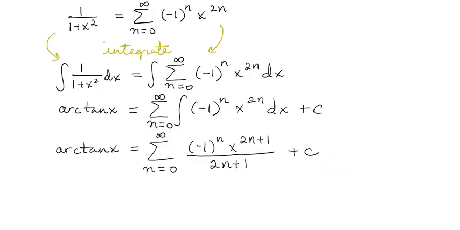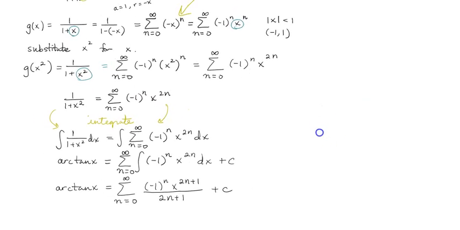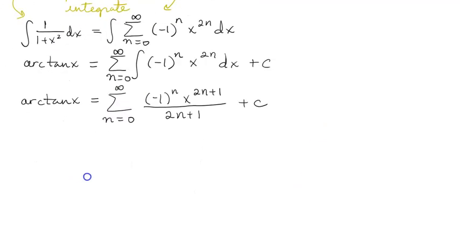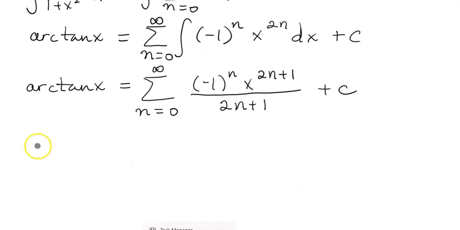We need to figure out what the value of c is. Keep in mind that our interval of convergence was negative 1 to 1, so we cannot be using x values outside of the interval from negative 1 to 1. I do know what the value of arctangent is at, say, 0, and 0 is a good x value to plug in because of this term right here.